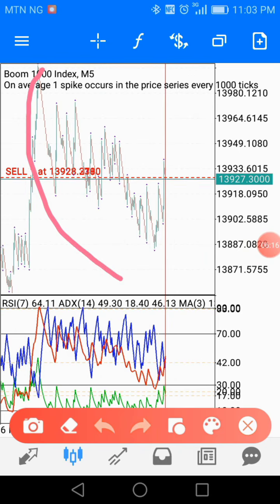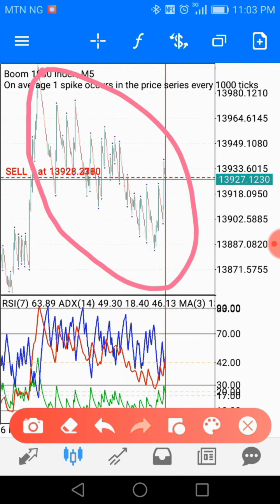From here to this point, this market is making a series of lower lows and lower highs, meaning that from this point it's on a selling cycle. And one can easily draw a trend line here now.